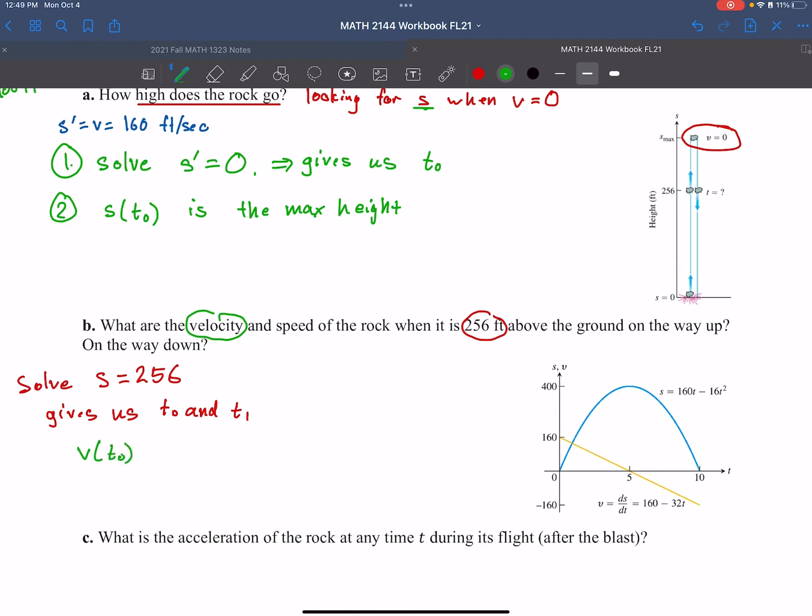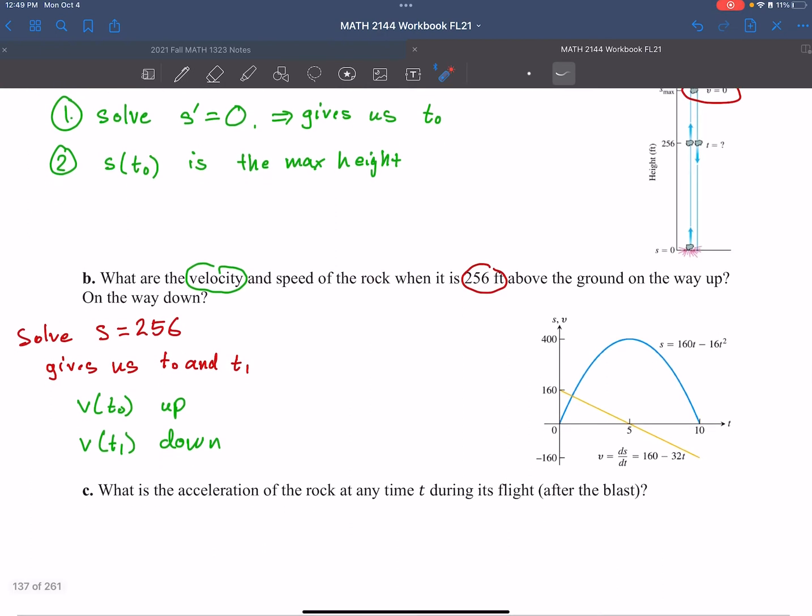So this is on the way up. And V of T1 is on the way down, because it's going to go up and then back down. So that is a general outline to solve this one. I would encourage you to think through these and, of course, fill out the details. Any questions on that one? I'll let you fill out these.